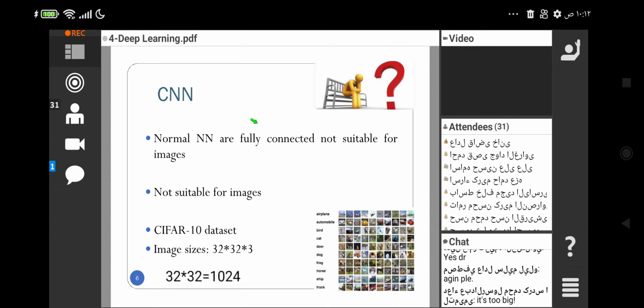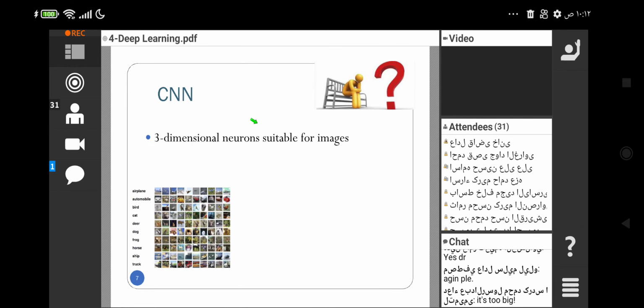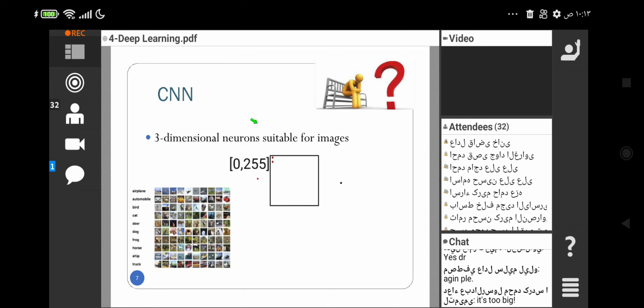This is not good because the number of inputs is very high. In the CNN, I said it is an advanced neural network, we could have some neurons that are three-dimensional in the inputs, so we could enter the data better into this CNN.